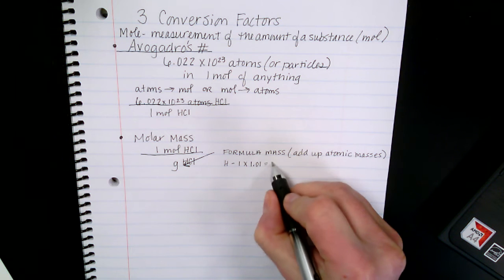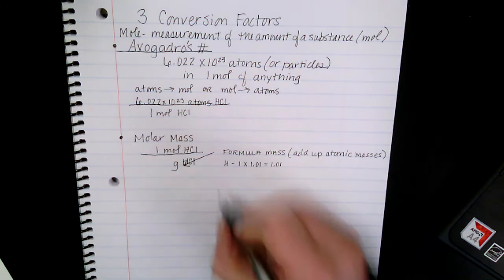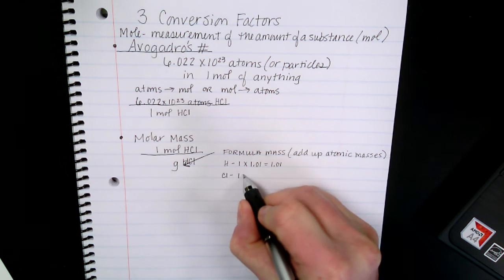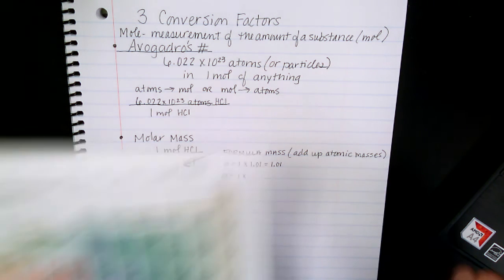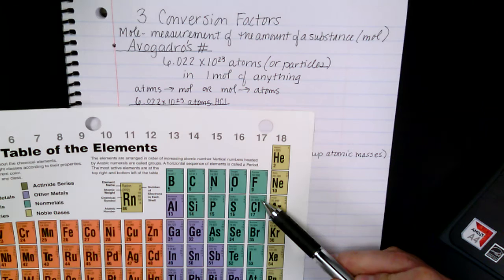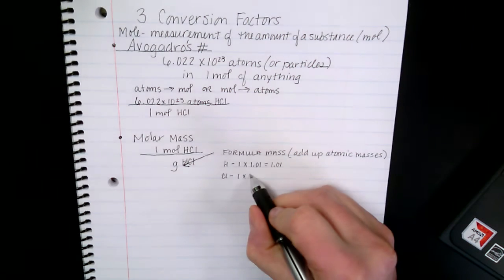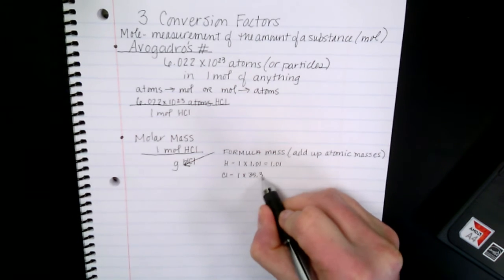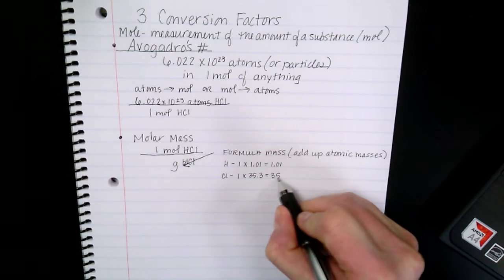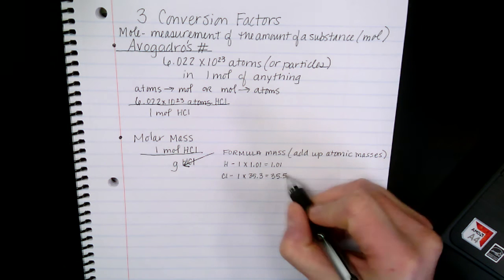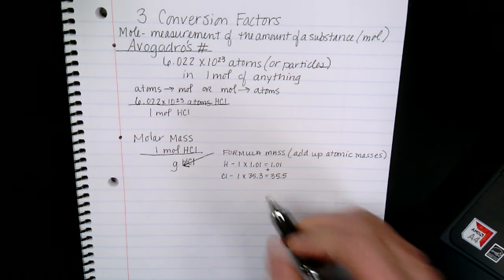There's only one of those, so it's only 1.01 for hydrogen. We only have 1 chlorine, so we multiply that by its atomic mass. Chlorine's atomic mass, if you look right here, is 35.45, so we're just going to round that to 35.5.